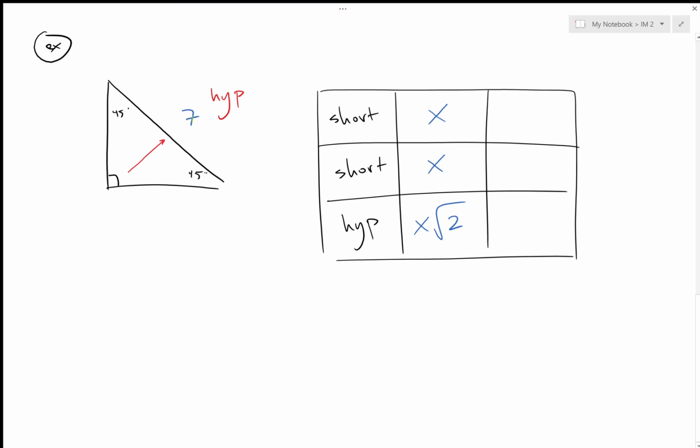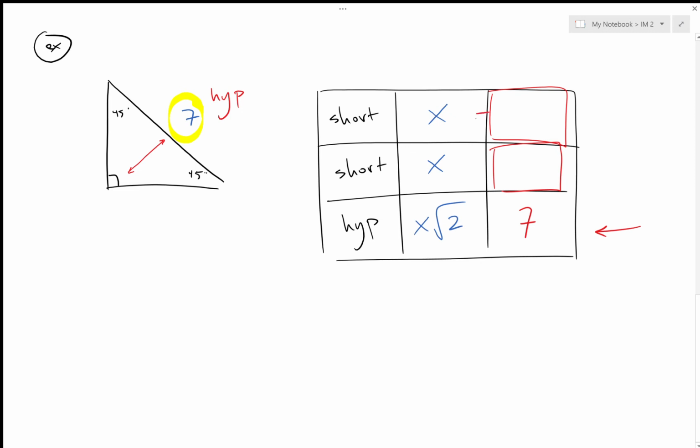So again, we find what we were given, the 7. But this time, that 7 is the hypotenuse. The hypotenuse is the third row right here. Alright, third row. So 7, never ever change that. That goes in this box. That is the hypotenuse.